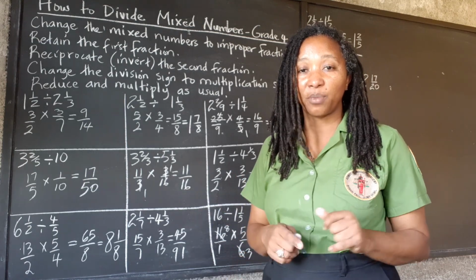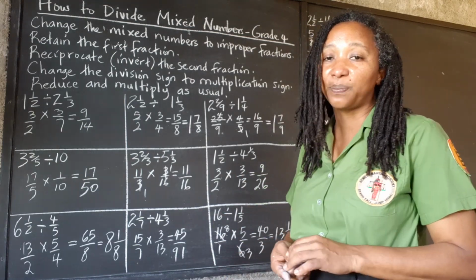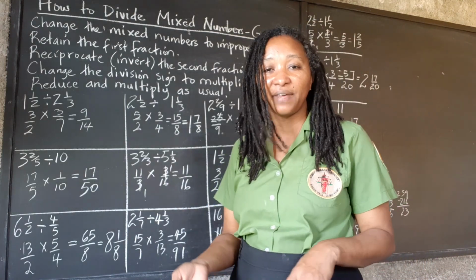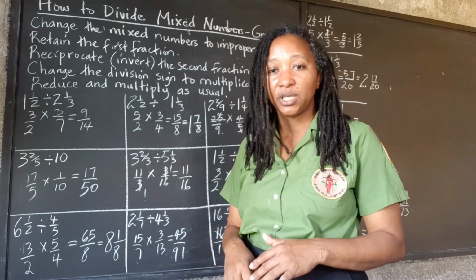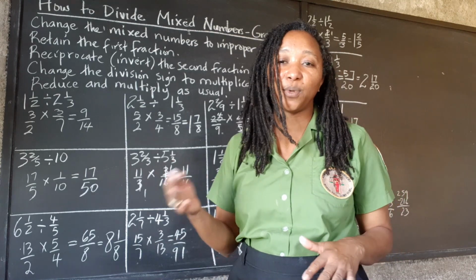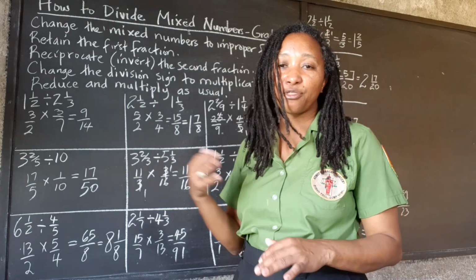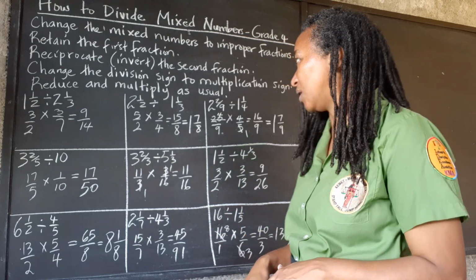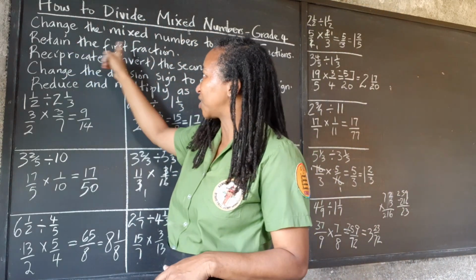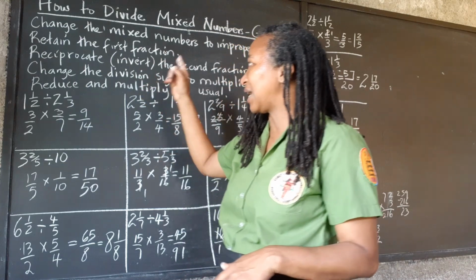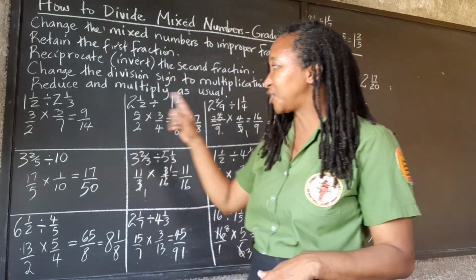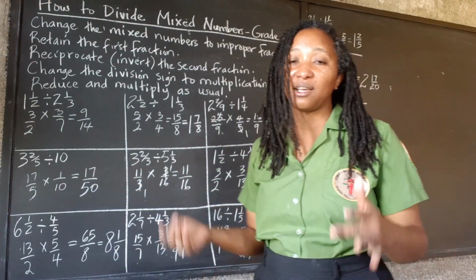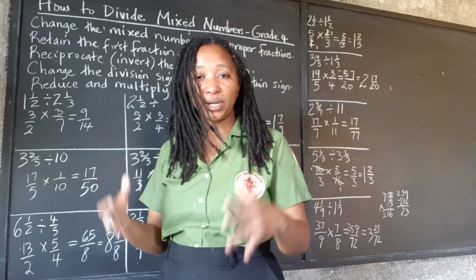To divide a number by a fraction is the same as multiplying that number by the reciprocal of the fraction. So to divide by a half is the same as multiplying by 2. To divide by 2 is the same as multiplying by a half. To divide by 3/5 is the same as multiplying by 5 over 3, and so on. We retain the first fraction then, and we reciprocate the second fraction while changing the division sign to a multiplication sign, using the convenience of that mathematical principle.